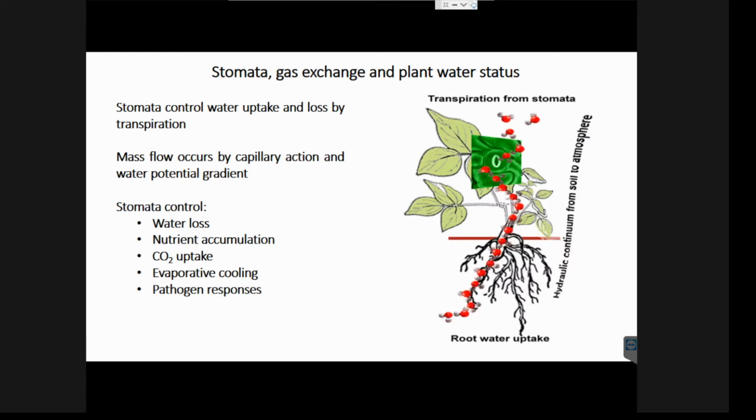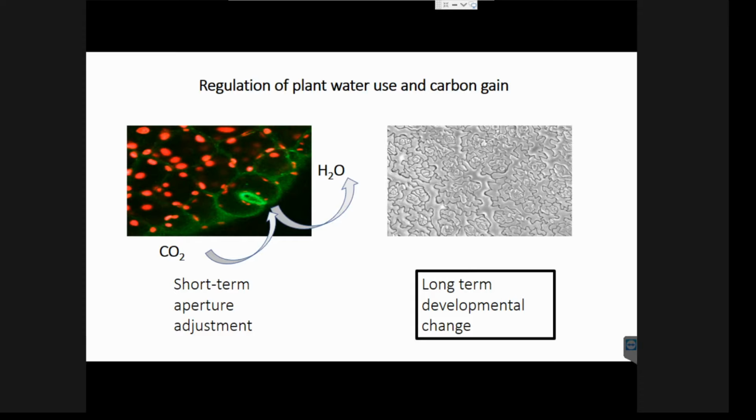As I said, this occurs in all plants, and you have this hydraulic continuum from the rhizosphere, from the soil, to the atmosphere, driven by these pores. The plant can regulate water use and carbon gain in a short-term way and in a long-term way through modulation of the stomatal pore.